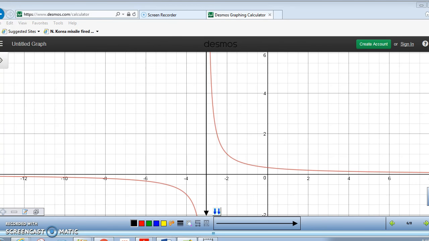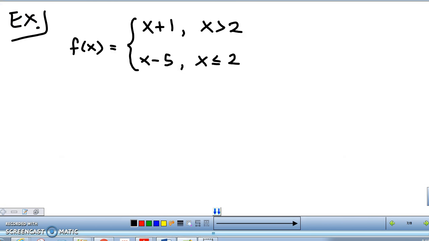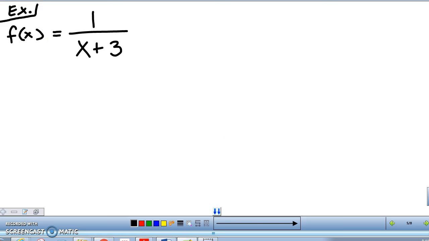Okay. So that last one, this one right here, is an example of non-removable.